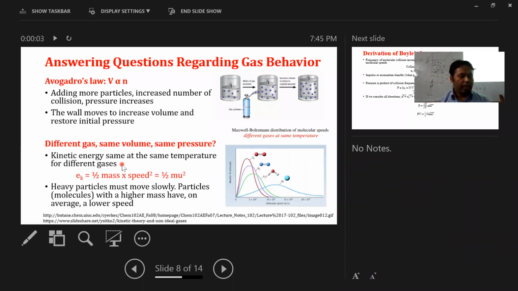If we have a very small molecule like hydrogen, it can move very fast, and so we need to have the mass times velocity squared, then half. So that is the formula for how we can count the kinetic energy. Therefore, for any type of molecules, if we have the same temperature, we will have the same kinetic energy.